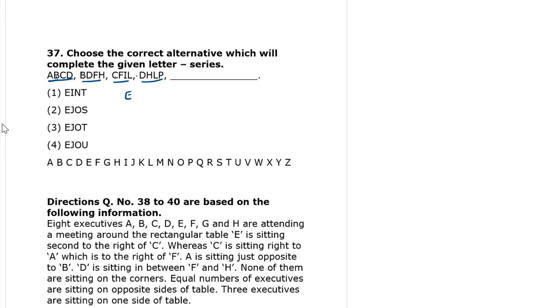Leave the one letter and then they write. After H, I is, we can leave J. Next is C. Two letter will be left. So the answer is E, J, O, T. Two letter, three letter. Like that we have to leave and find out the answer. Come to the next one.